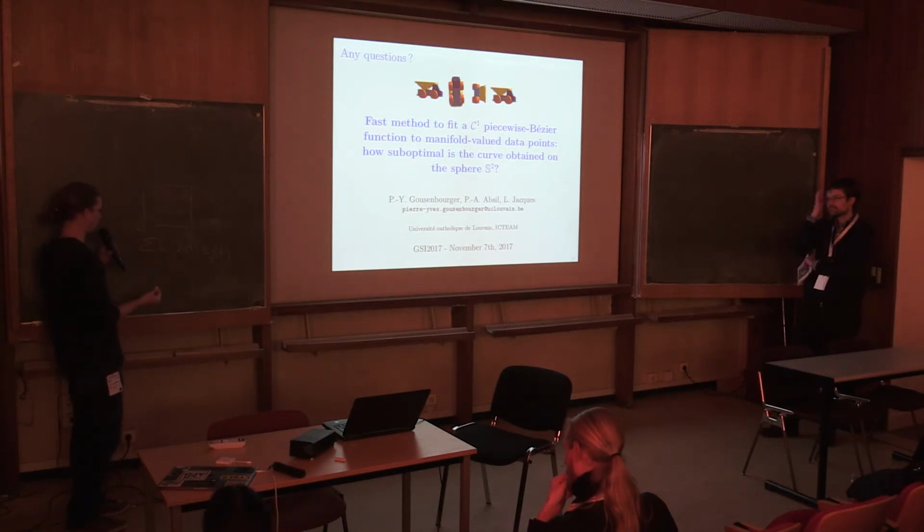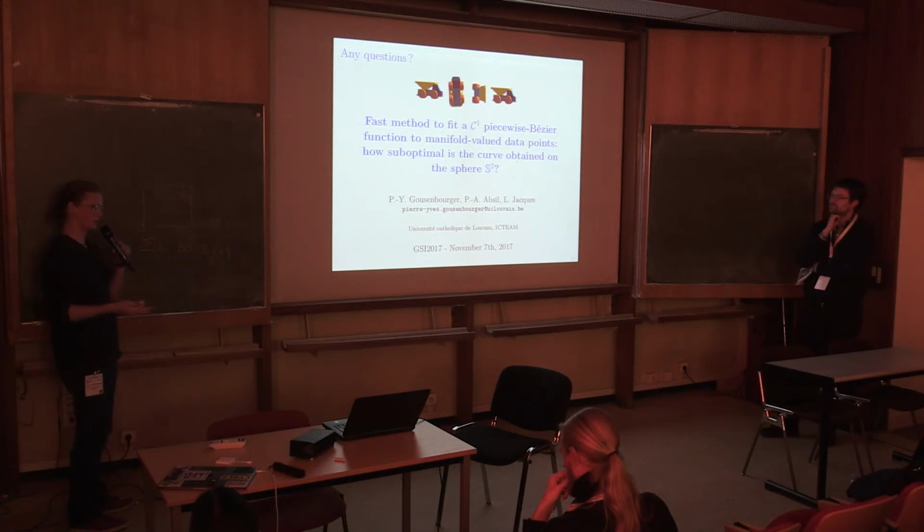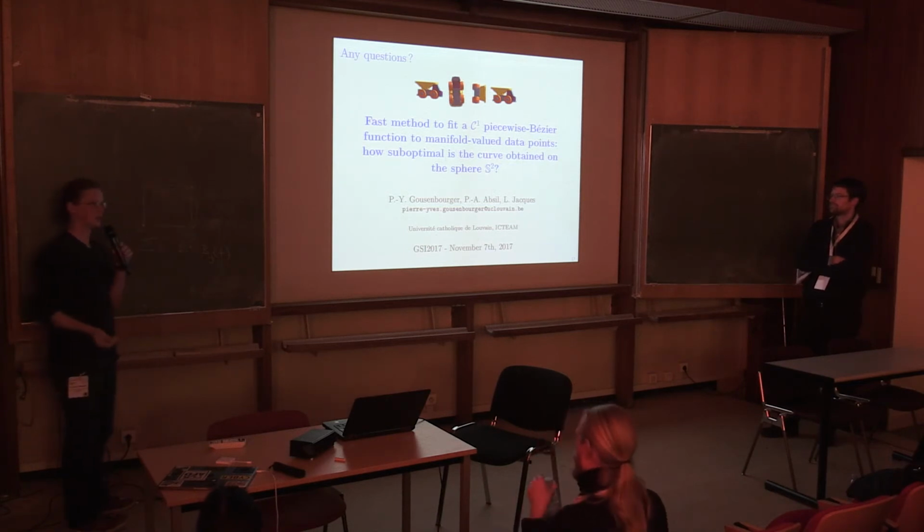But on manifolds, if you try to apply the Casteljau algorithm just by representing these points in the tangent space of that point, you see that actually you cannot construct a geodesic plane. You have here and here lines which are not geodesics.